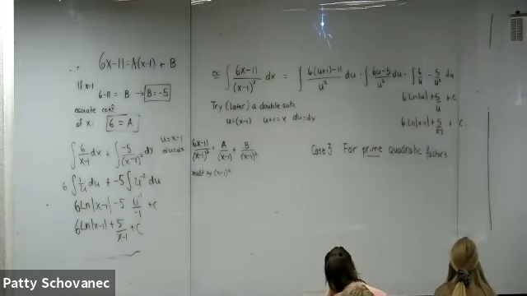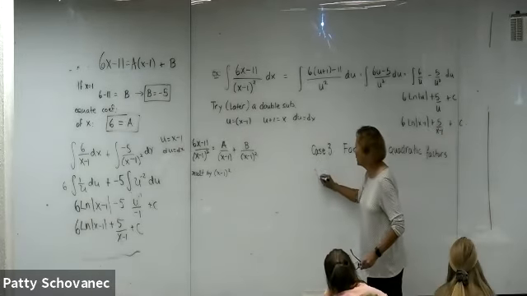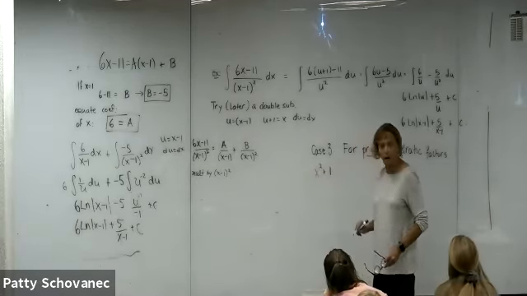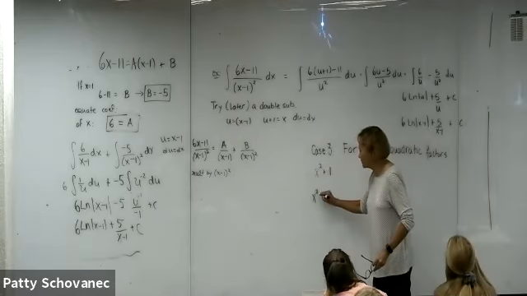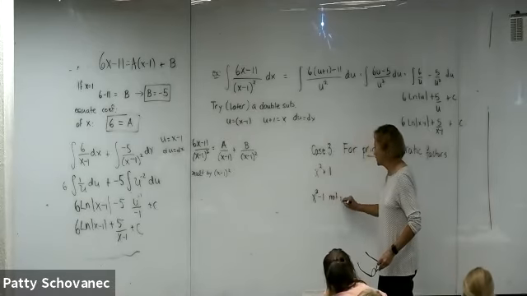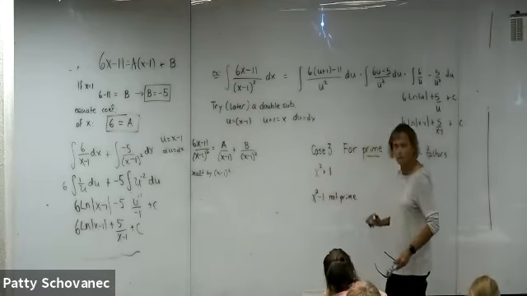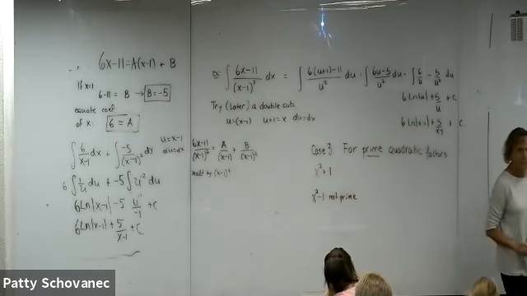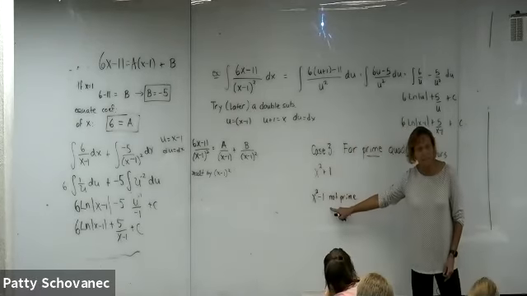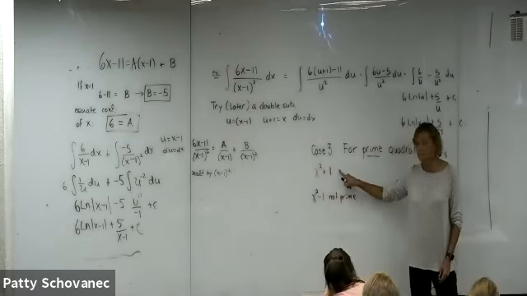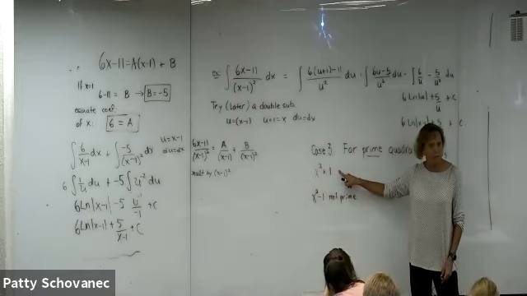And x squared minus 1 is not prime because it factors as x minus 1, x plus 1. But x squared plus 1 is prime. X squared minus 1 is not prime, right? This would be considered the product of distinct linear factors. This is a prime quadratic factor.